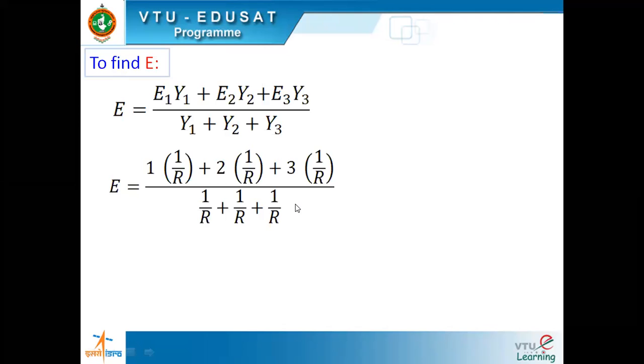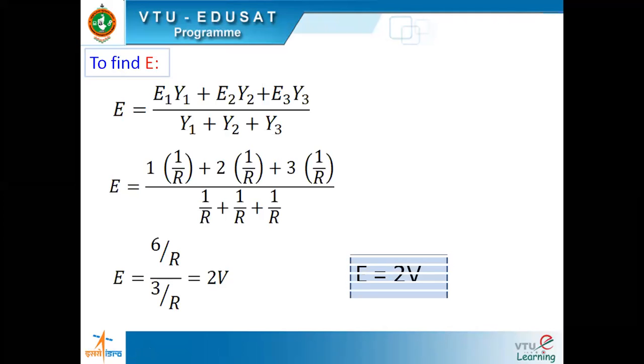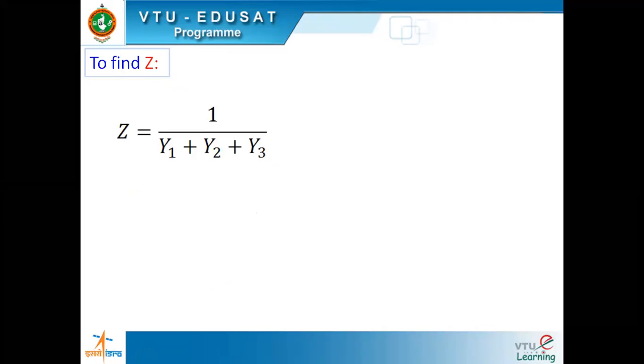Now, what would this E be? This E is 2 volts. Understand that? Now, what is Z? It is 1 by R plus 1 by R plus 1 by R, so it is R by 3.